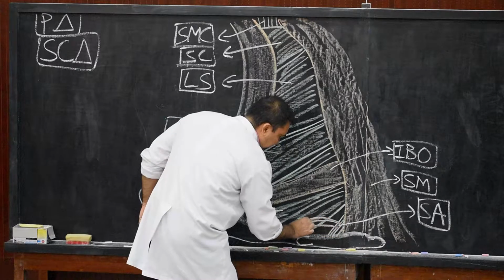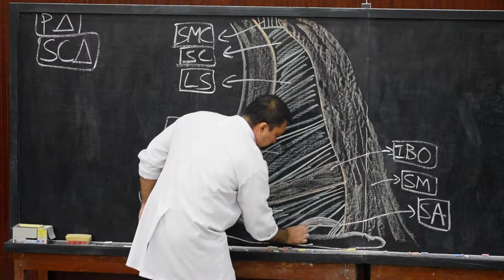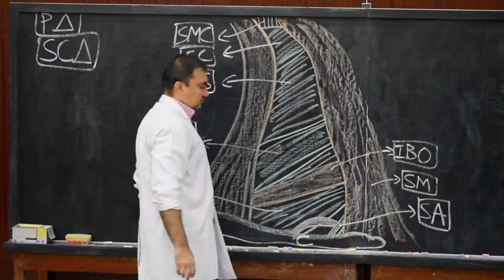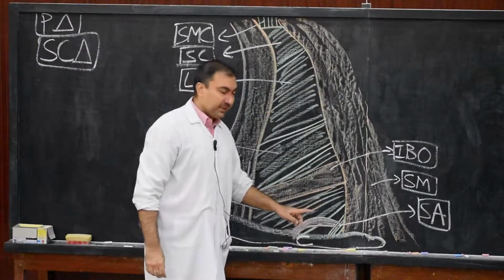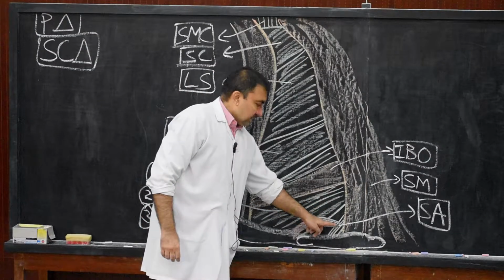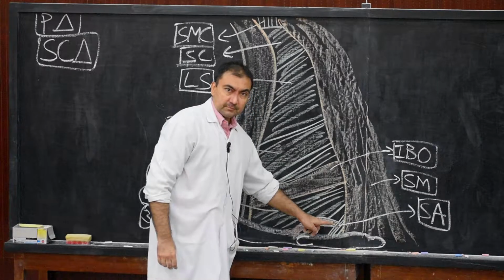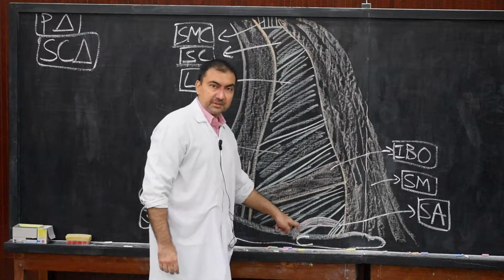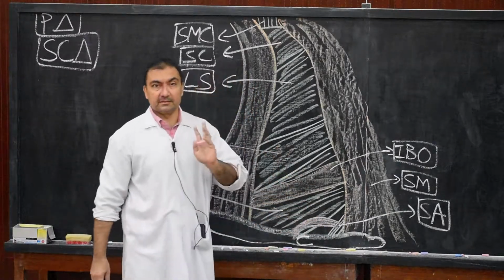So this is subclavian artery, the third part of subclavian artery. Once again I repeat, from the lateral border of scalenus anterior muscle till the outer border of first rib. So a small part of the third part of subclavian artery is seen here.